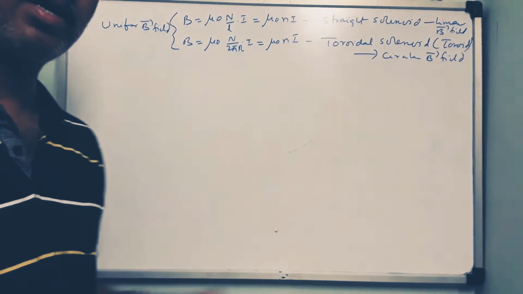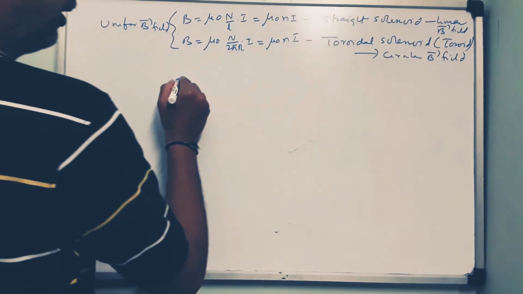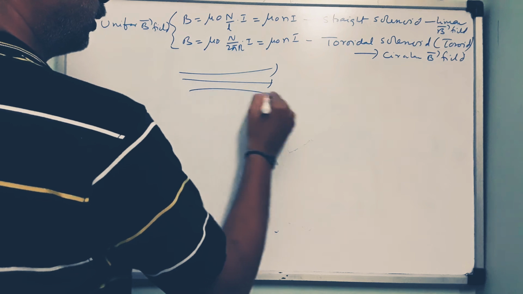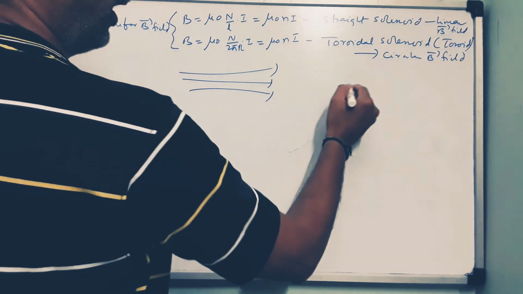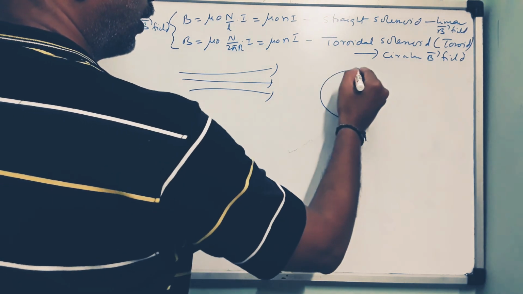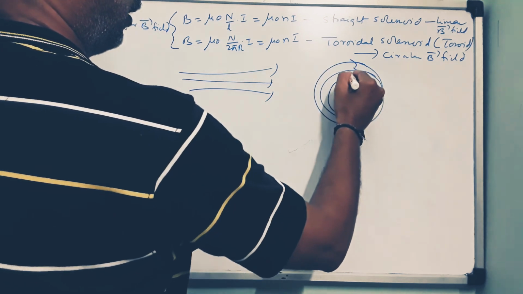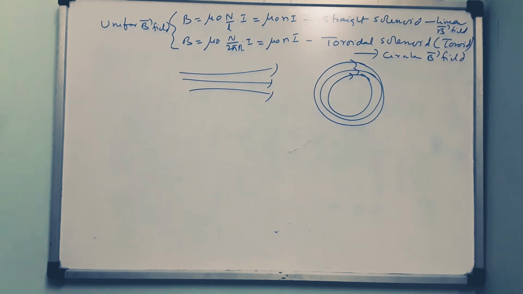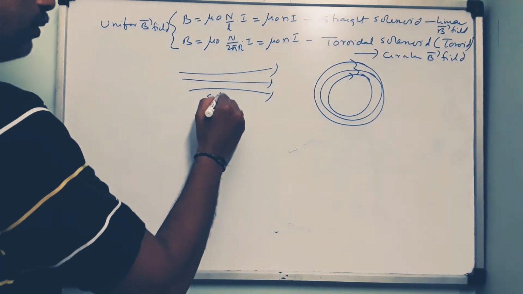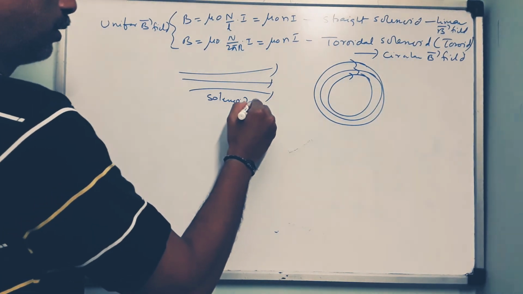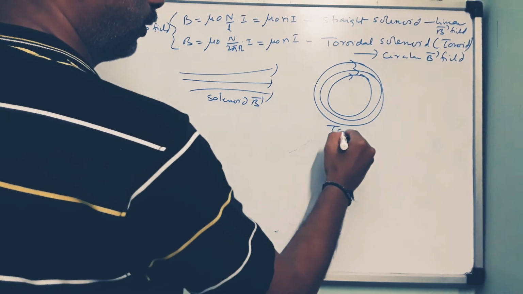Okay, so draw the pattern. Pattern means for the solenoid you will be drawing like this, a straight solenoid, and this is for the toroid. Solenoid B and this is toroid B.